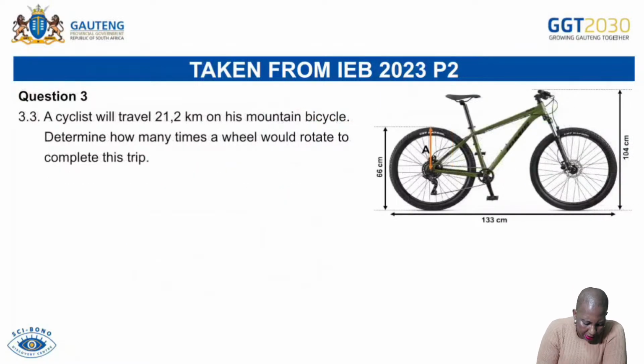A cyclist will travel 21,2 kilometers on his mountain bicycle. Determine how many times a wheel will rotate to complete his trip.